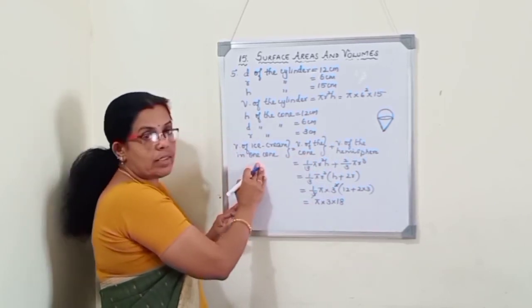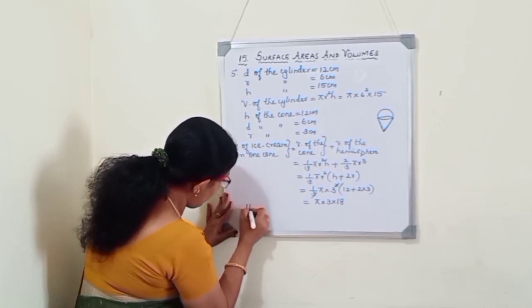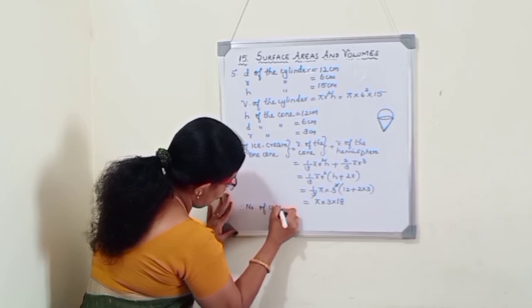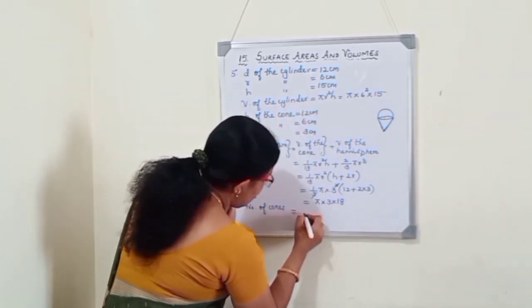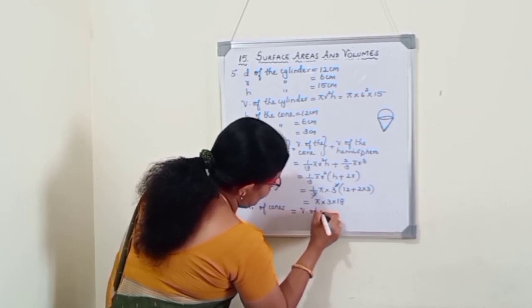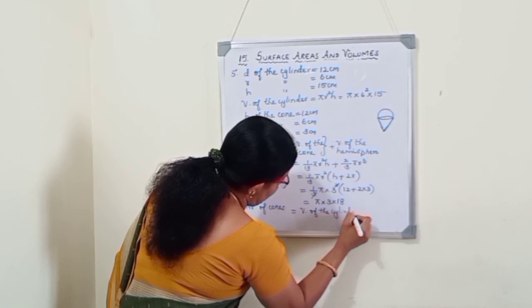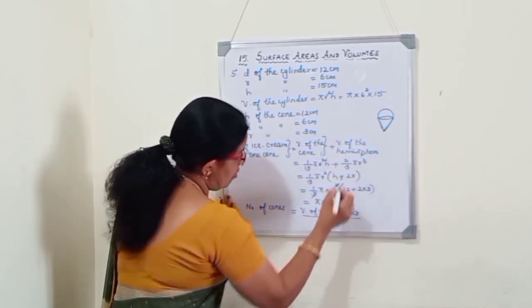We want to find how many such cones are required. So number of cones required is equal to, whenever we want to do this type of question, volume of the bigger solid, that is volume of the cylinder, divided by volume of one cone. Because from the cylinder we are pouring the ice cream into different cones.